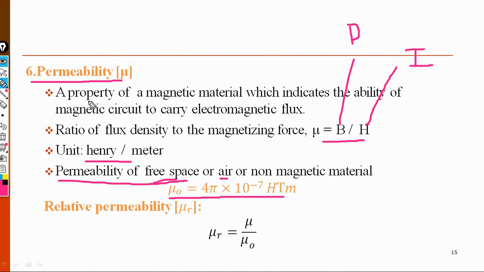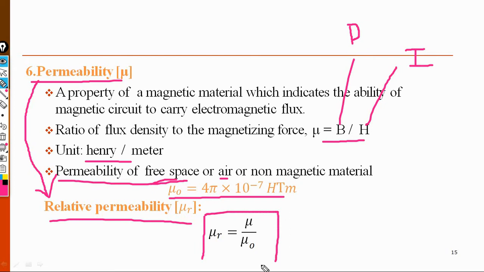Then also permeability depends on relative permeability, whose symbol is mu r. Mu r is equal to mu upon mu 0. Mu means permeability and mu 0 means permeability of free space.